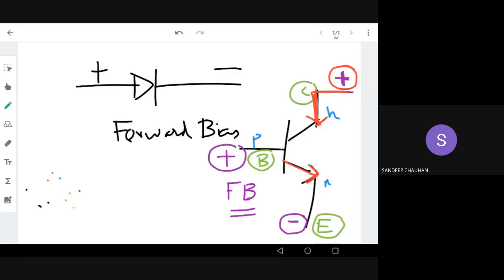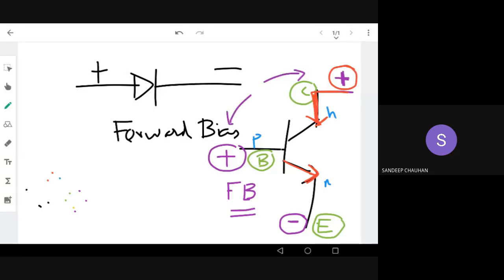There is a bias happening here with the collector at higher voltage and the emitter at lower voltage, right? On the left side, we can see there's a plus and also a positive bias.